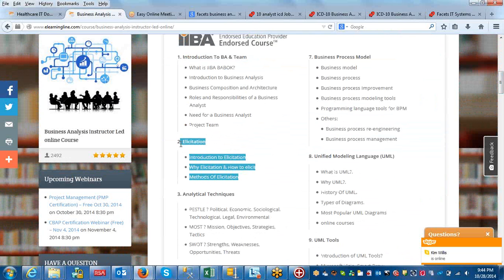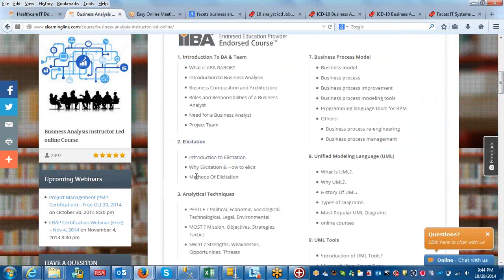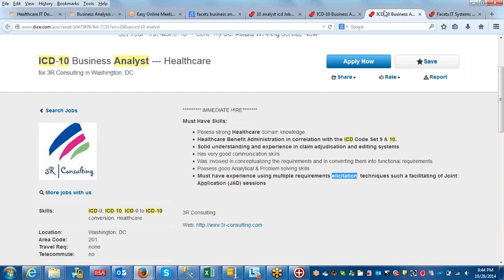Session 2, that means this class is only going to talk about data elicitation: why elicitation, how to elicit, and methods of elicitation.